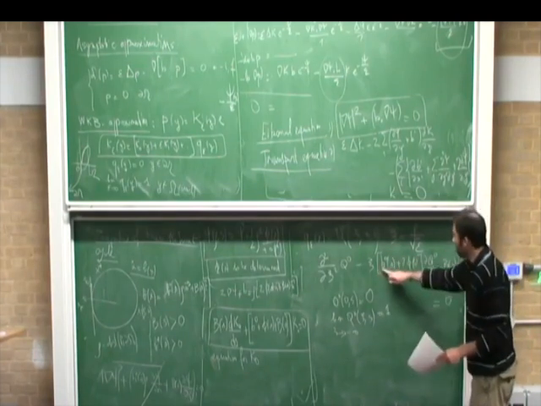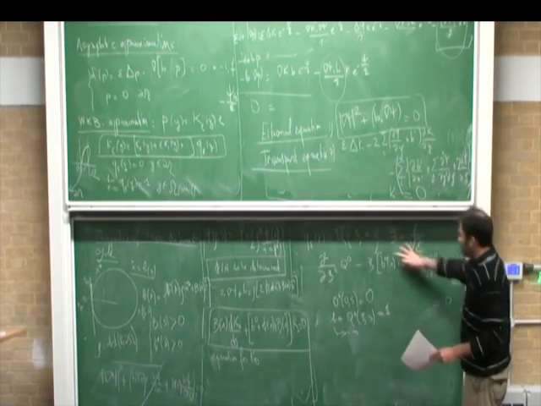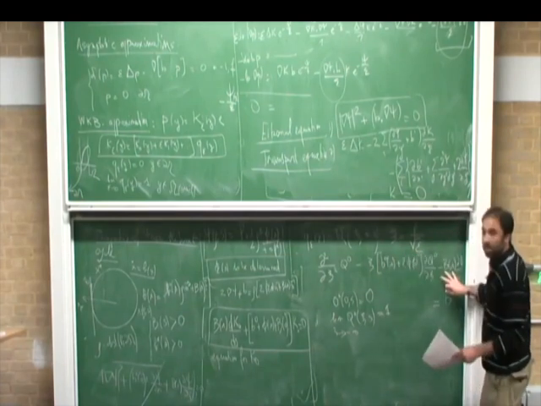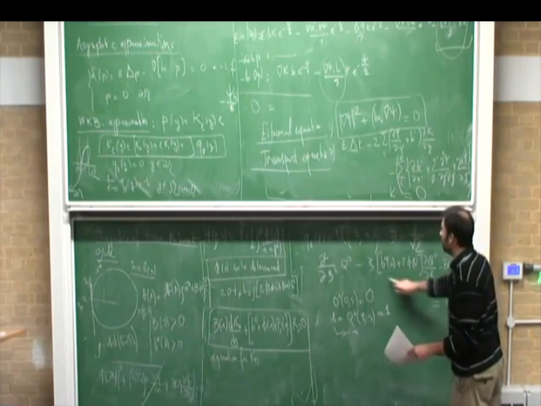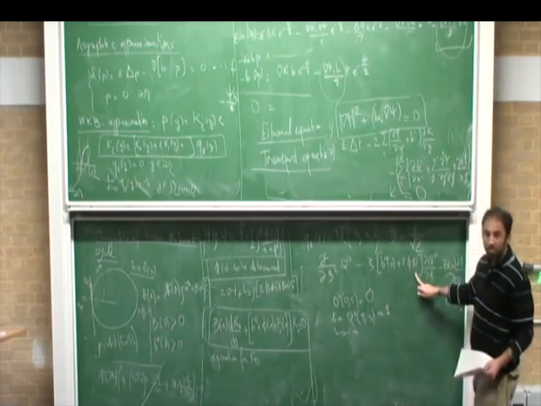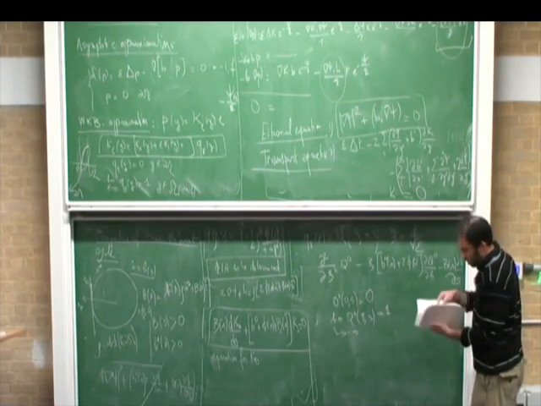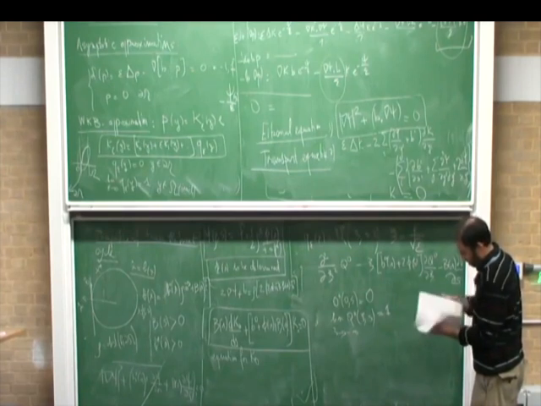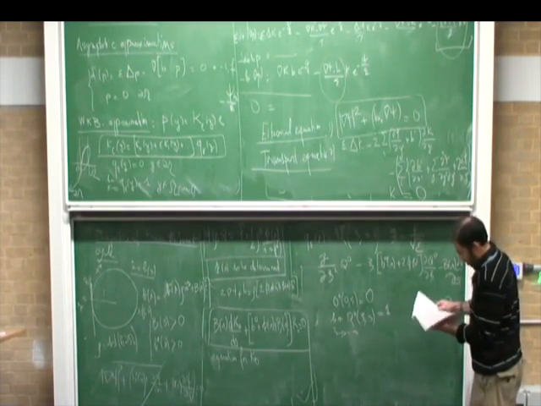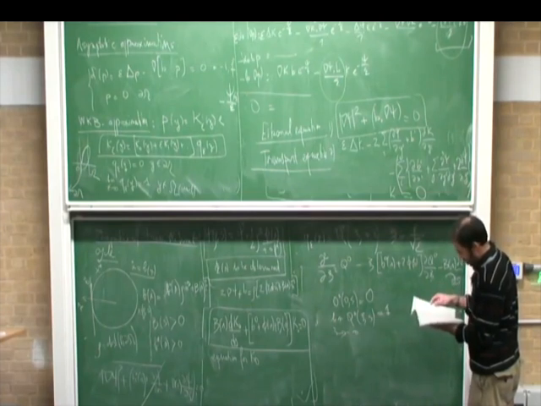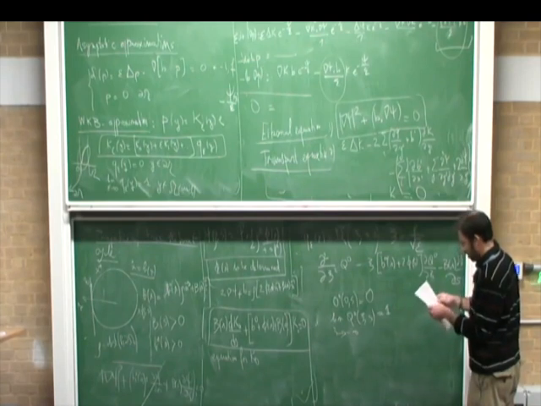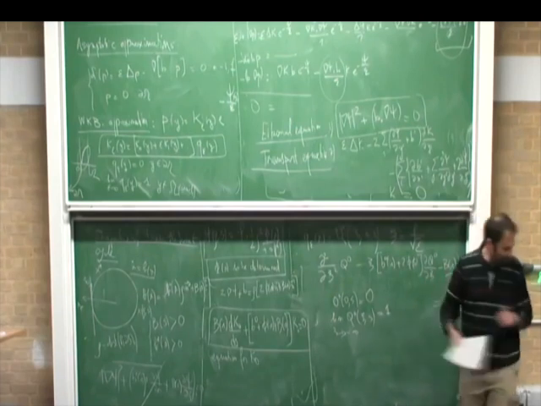We have to find a trick to put this away in here so that this becomes independent of s. And this is possible by using the Bernoulli equation, which I have forgotten to write. I'll find it in a second.